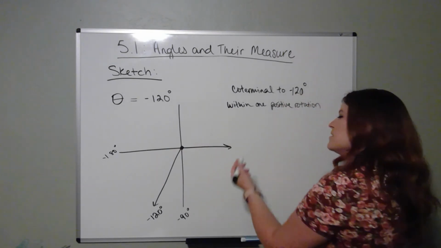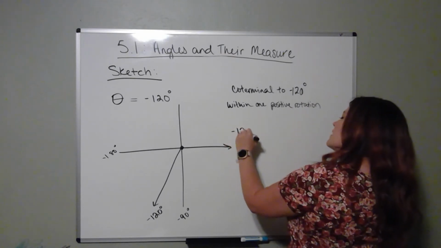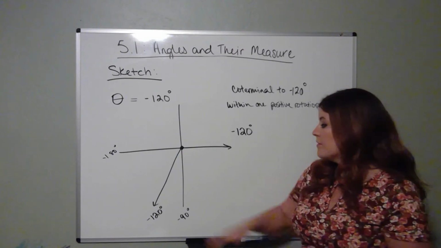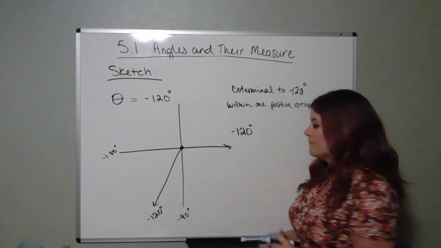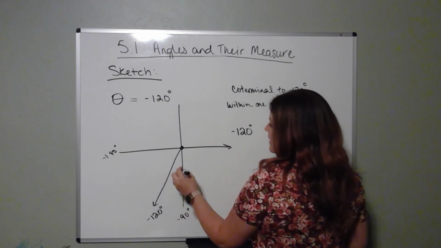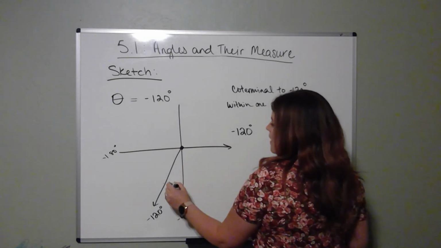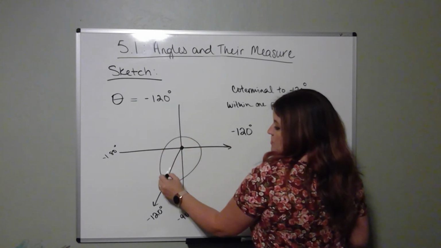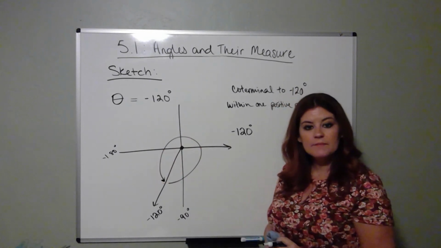So how do you think I can go from a negative 120 to a positive angle that ends in the same place? What if I'm here at negative 120 and I just add a full rotation? What's going to happen?